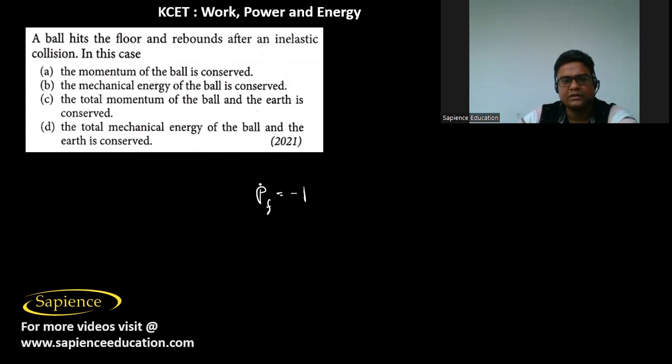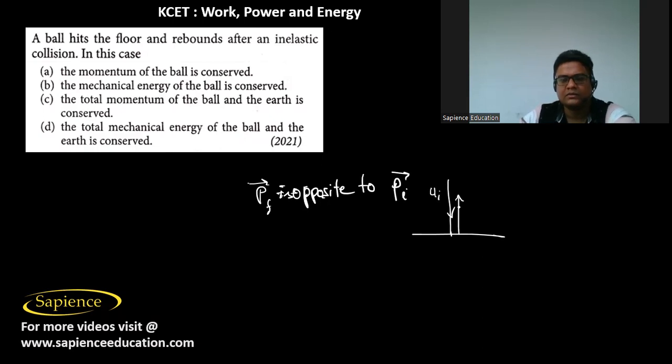It means the final momentum is opposite to that of the initial momentum, since when it will rebound, the initial velocity will be vertically downwards and the final velocity will be vertically upwards. So their direction is opposite, so their sign also will be opposite.